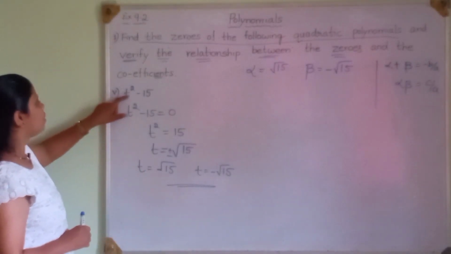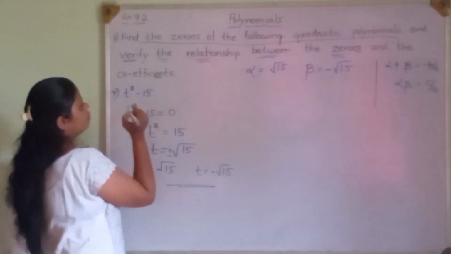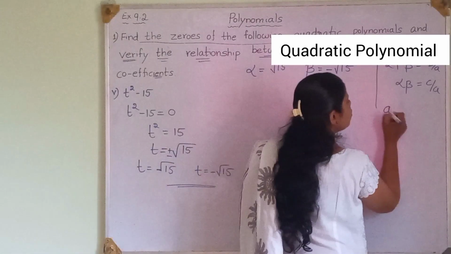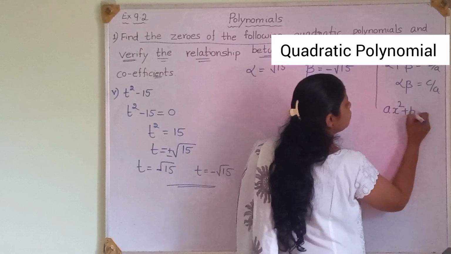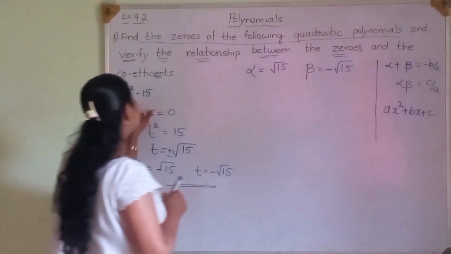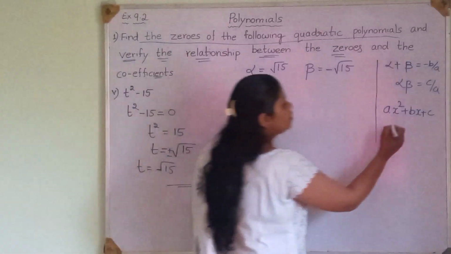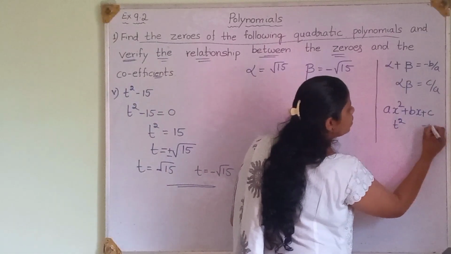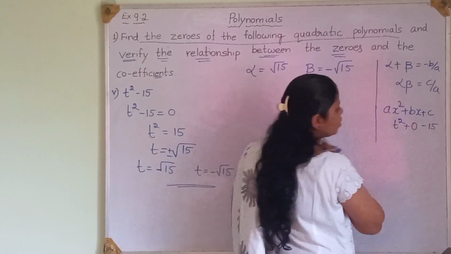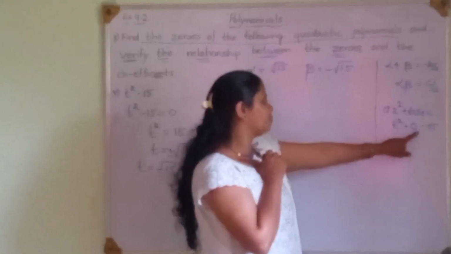See here, look at this carefully. The quadratic equation will be in the form of ax square plus bx plus c. Here they have given t square minus 15. The x term is not given, so let us write 0.